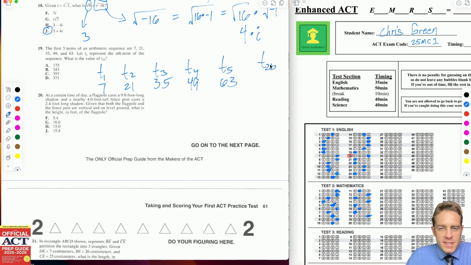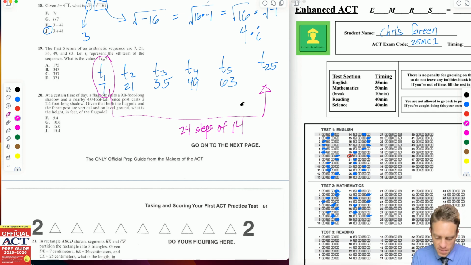Now, a lot of people tend to miss it by 1. So if you're standing on the first term, in order to get to the 25th term, you go up 24 steps. So the amount by which you move up is 24 steps of 14. 24 times 14 is 336. So it's where you started plus 336, which is 343.